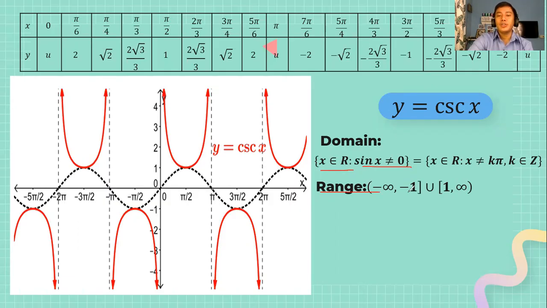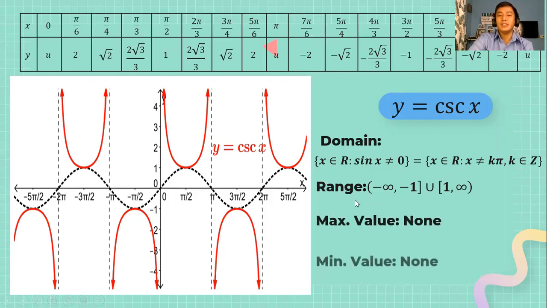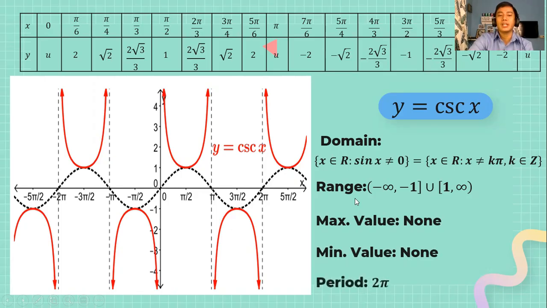And for the range, we have -1 to negative infinity, and then 1 to positive infinity. The maximum value is none because it is infinity, and the minimum value is also none because of the infinity sign. So again, every 2 pi, there is a periodic repetition of the parabola, which opens upward, downward, then upward, downward again. So that is the period.